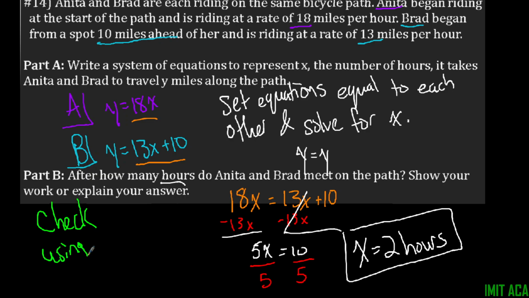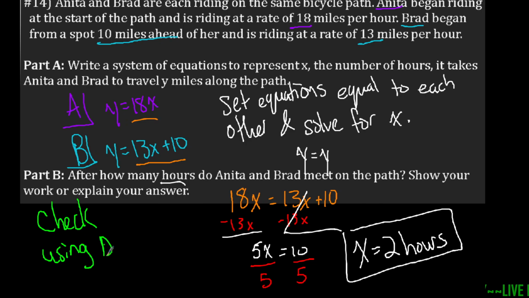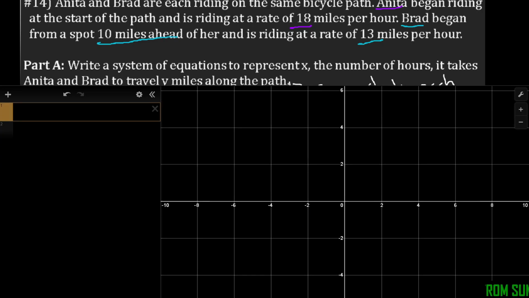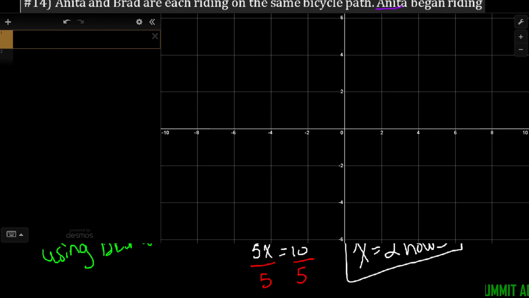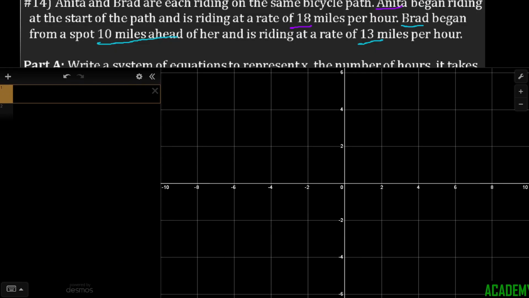using Desmos. So let me pull up our graph here in a second. And let me make it a little bit larger. Okay. And so what we're going to do is type in our two equations.